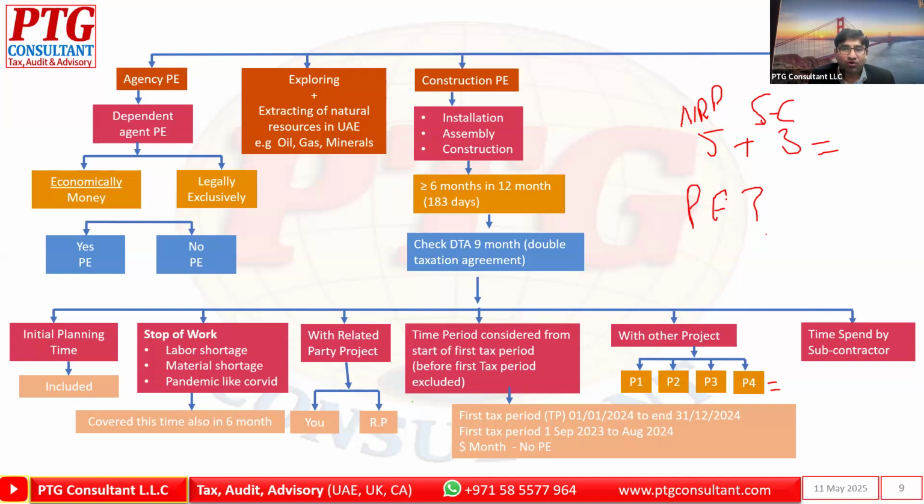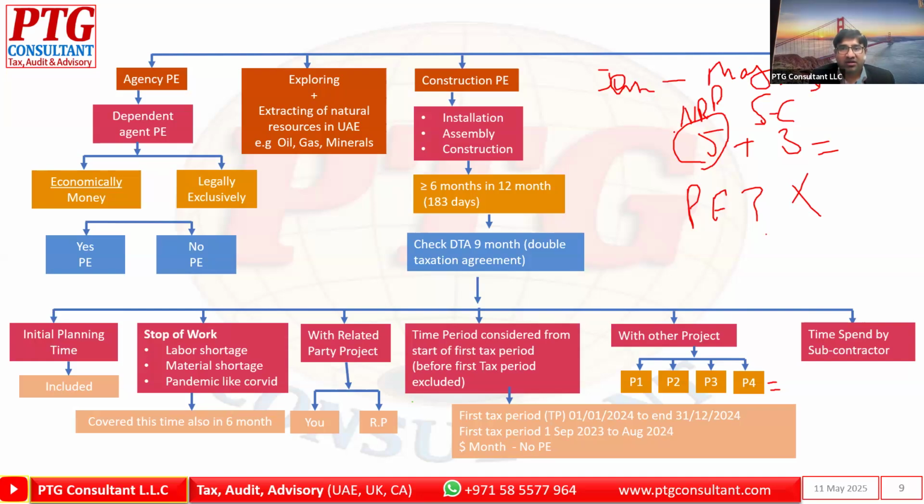Yes, if both the non-resident person and the subcontractor work during the same time period, it will remain the same. So we will not consider this 3. We consider only this, because if they work from Jan to May, and the subcontractor works in the same duration, it will be 5 months.